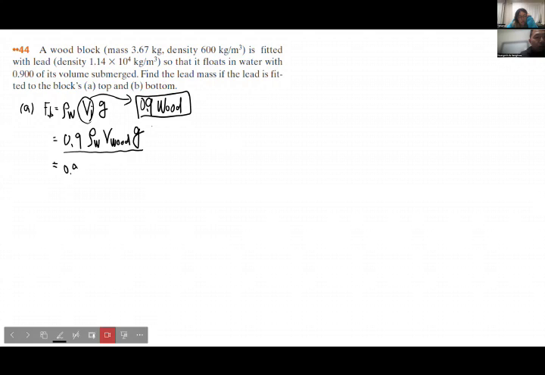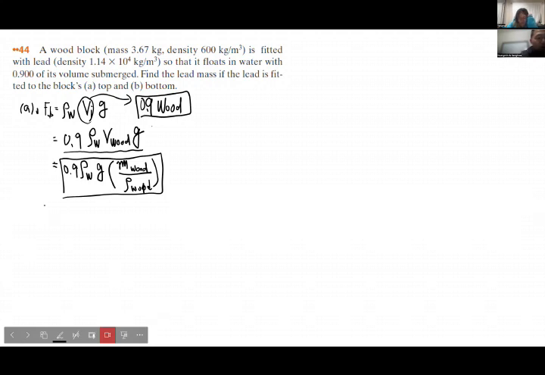That should be 0.9 times density of water times g, and the volume of the wood we express with the mass of wood divided by the density of wood. You understand why we express the volume with this relation, right? Yeah, the mass is just density times volume.